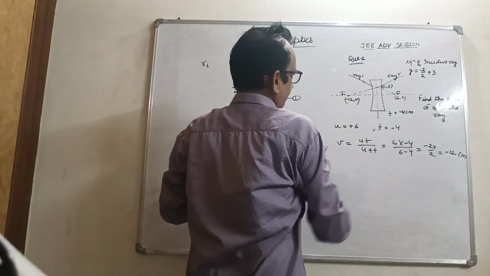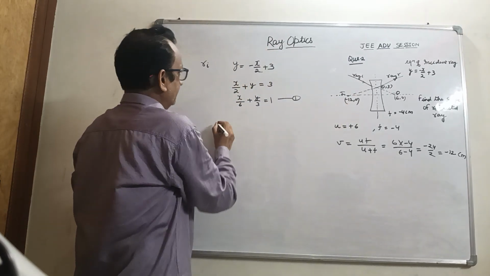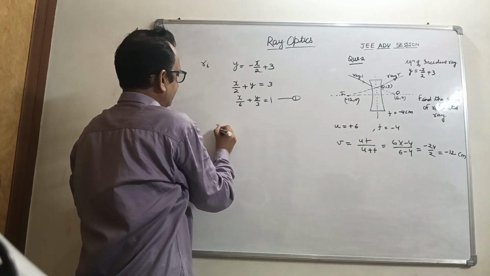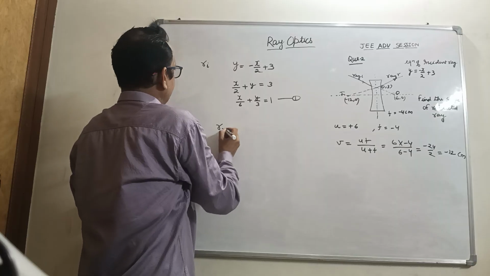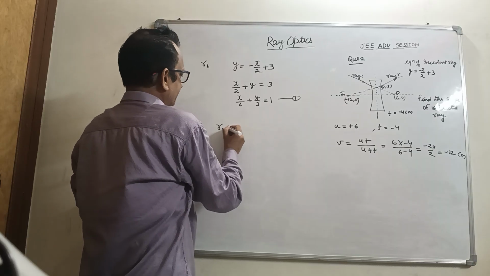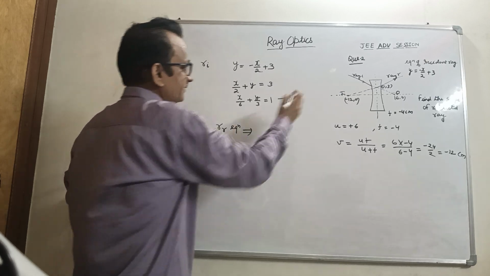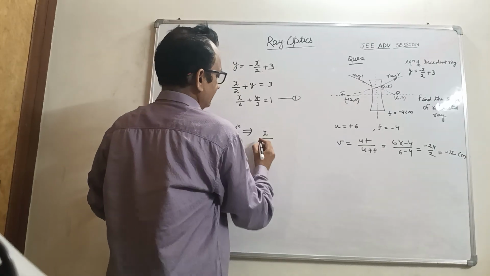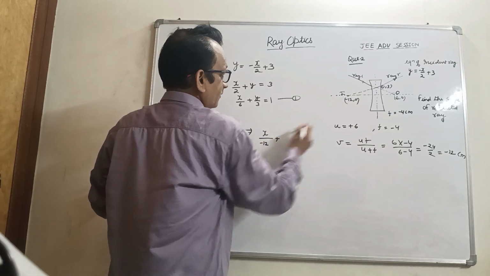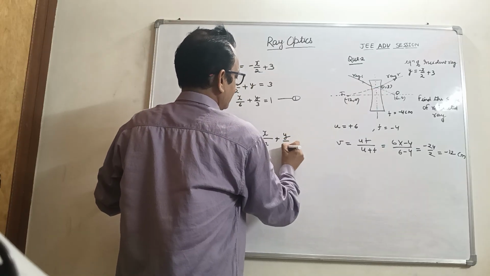So we write the line equation with intercepts. This is the incident ray, this is the reflected ray. So the equation of line for the reflected ray would be x upon the intercept of the x-axis, which is minus 12, plus y upon the intercept of the y-axis, which is 3, is equal to 1.